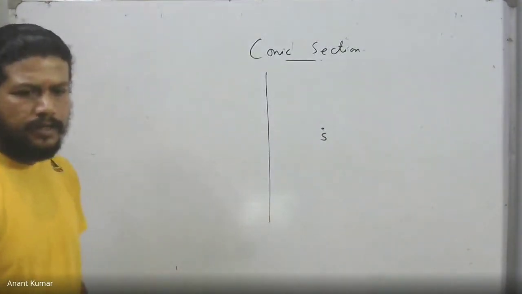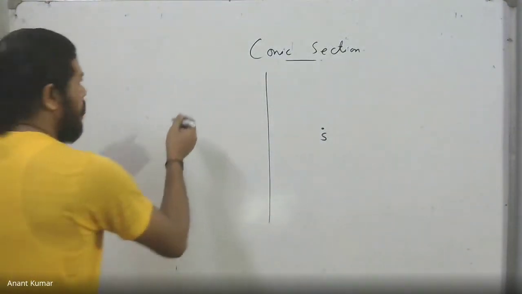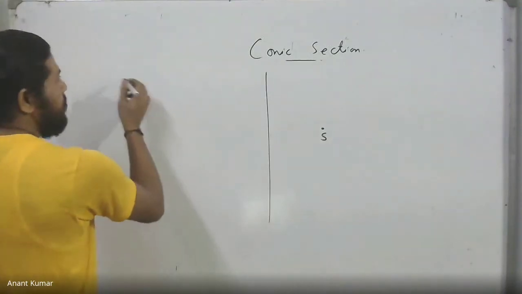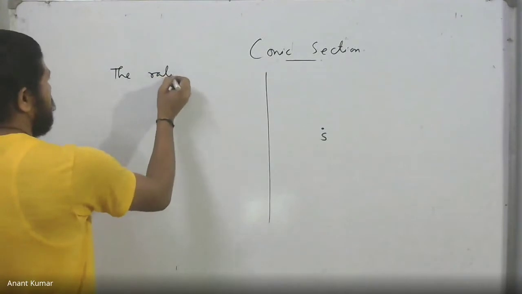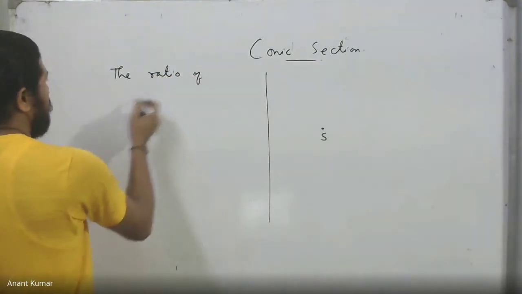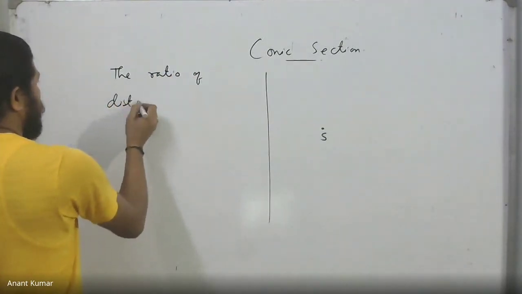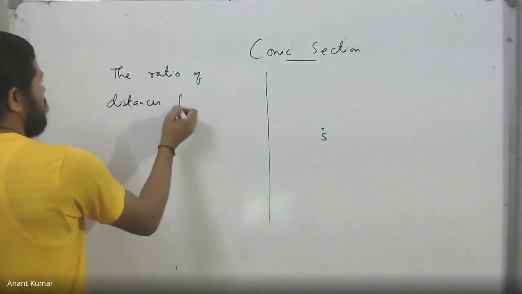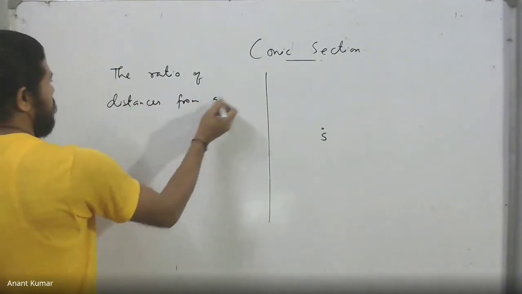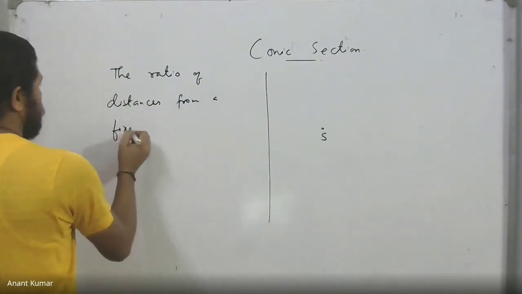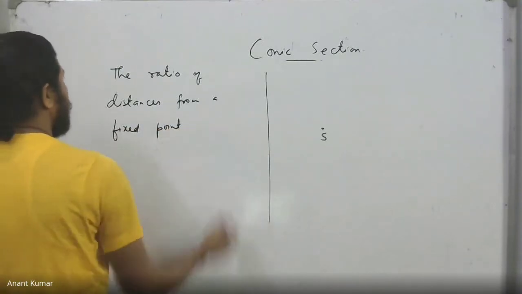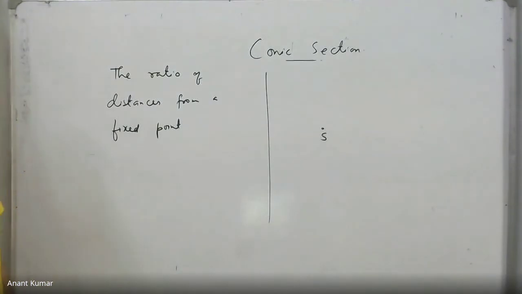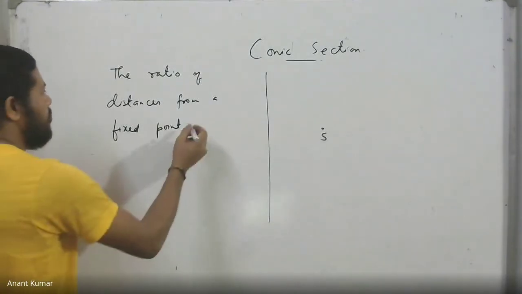the conic section is the ratio of distances from a fixed point and a fixed line, that is a constant.